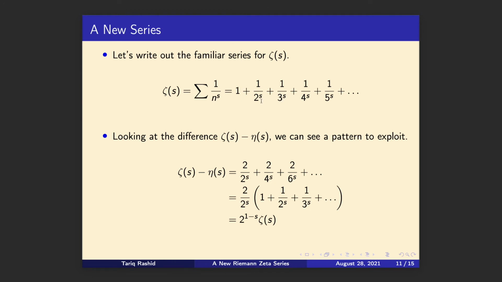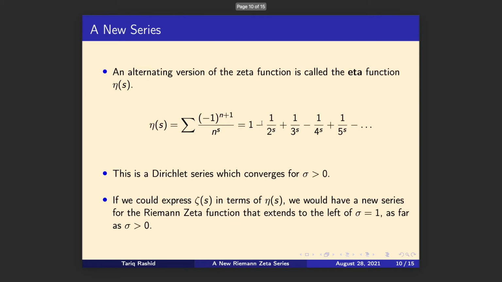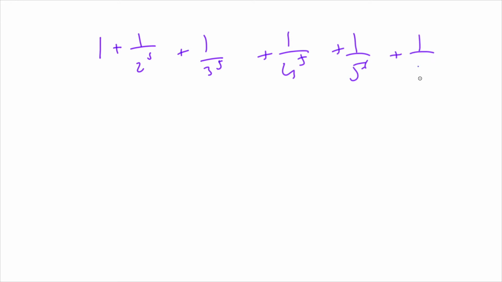The 1s will cancel out, the 3 and the 5, so all the ones with the odd numbers at the bottom, they will all cancel out. But because there are minuses in this one, it'll become double. So we've got 1 plus 1 over 2 to the s, plus 1 over 3 to the s, plus 1 over 4 to the s, plus 1 over 5 to the s, plus 1 over 6 to the s, and that's our zeta.